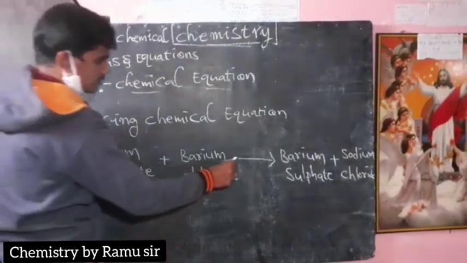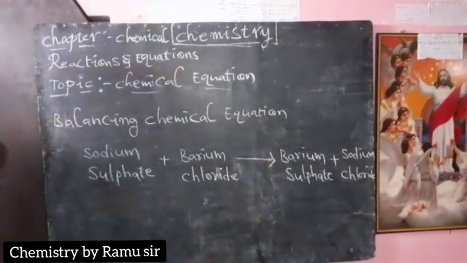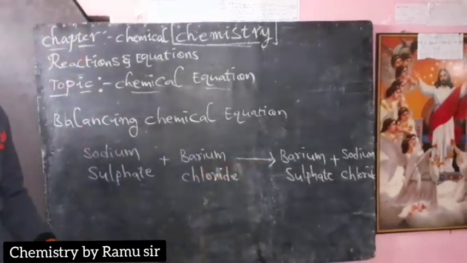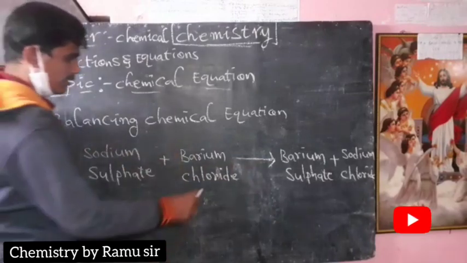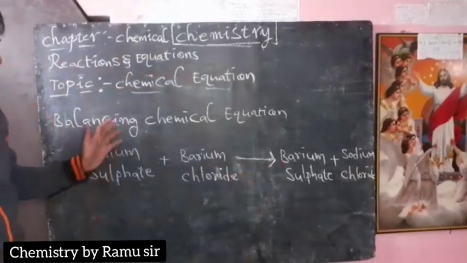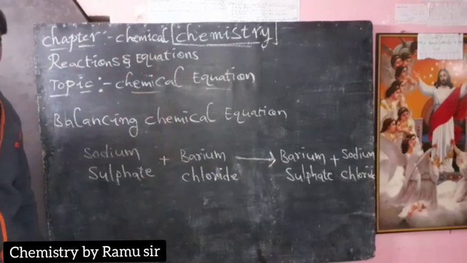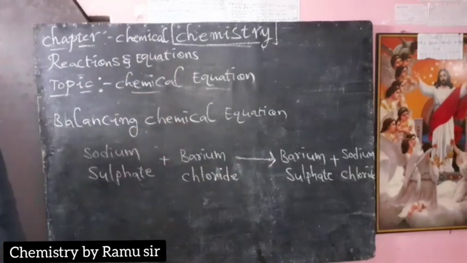See, this is an arrow mark. When we read sodium sulfate plus barium chloride, we pronounce the arrow as gives rise to. The arrow head always shows the direction of the reaction.